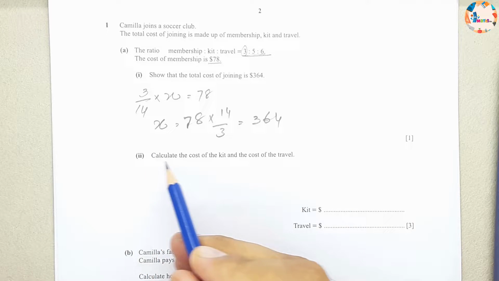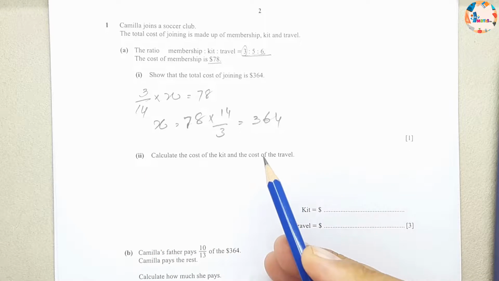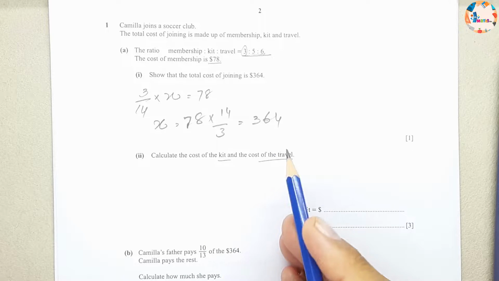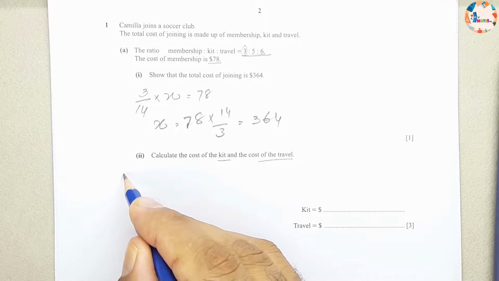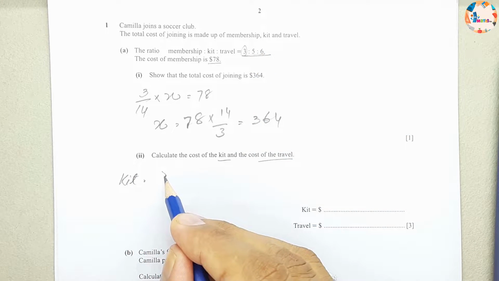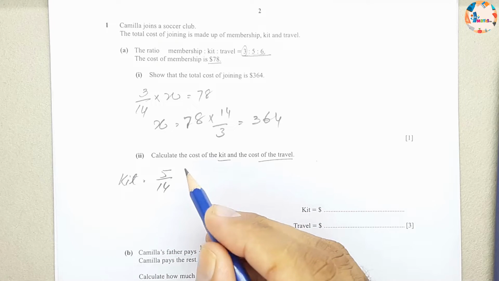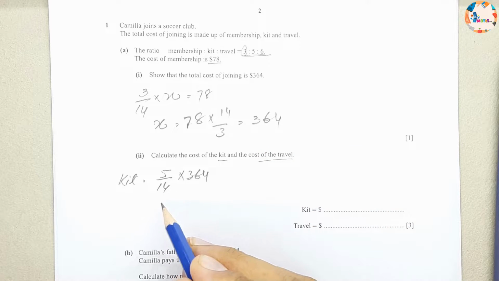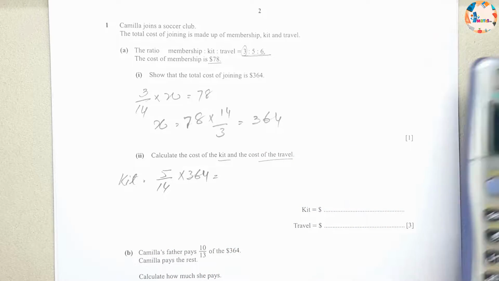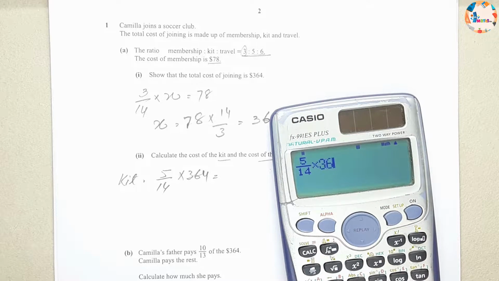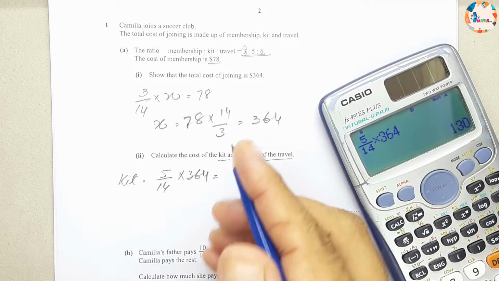B part, the second part, calculate the cost of the kit and the cost of travel. Cost of kit is 5 out of 14 of the total, which is 364, which we have just calculated. 5 over 14 multiplied by 364 will be equal to 130.